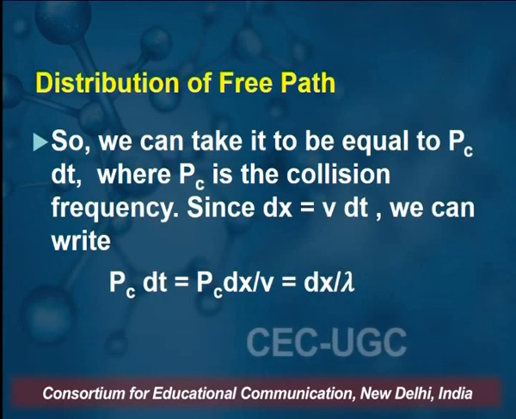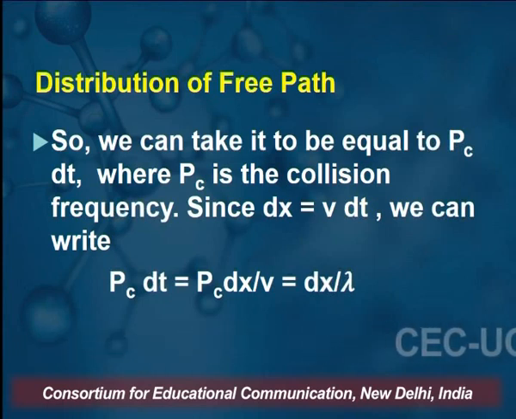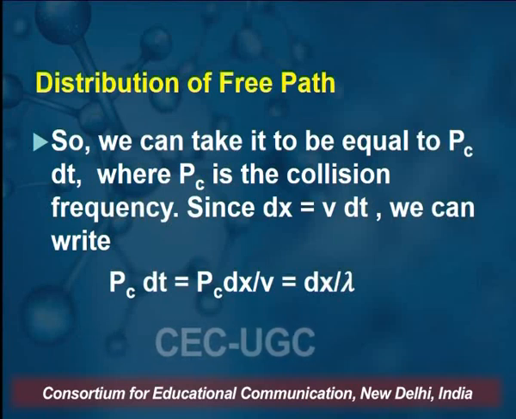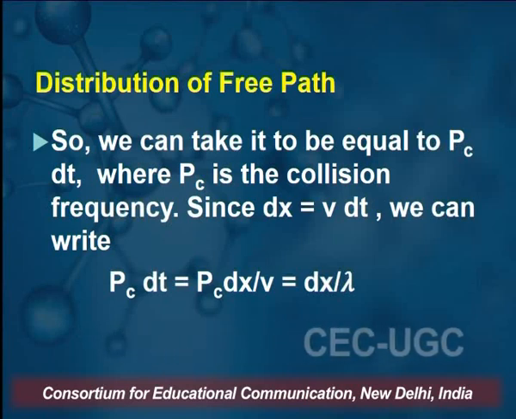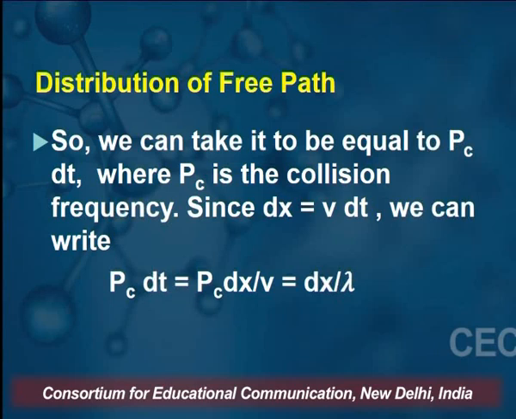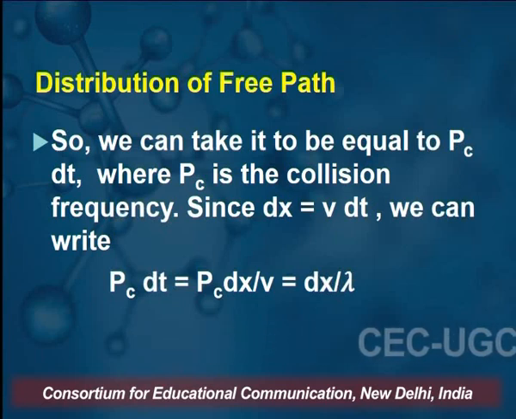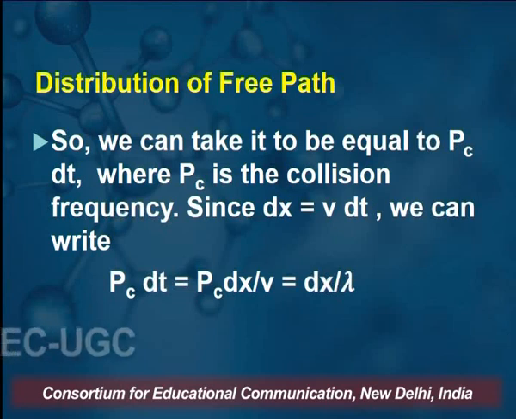So we can take it to be equal to Pc dt, where Pc is the collision frequency. Since dx is equal to v into dt, we can now write Pc dt is equal to Pc into dx by v, which is equal to dx by lambda.